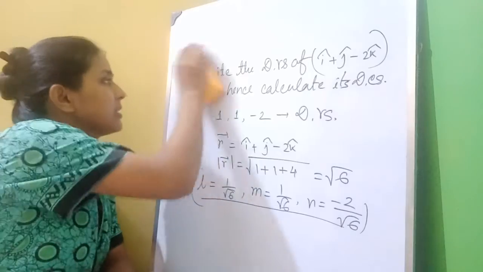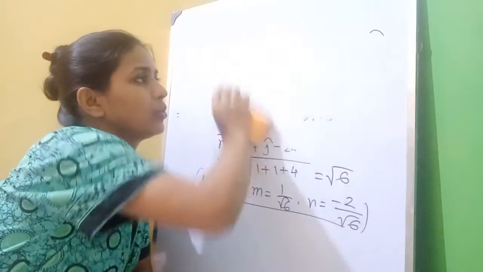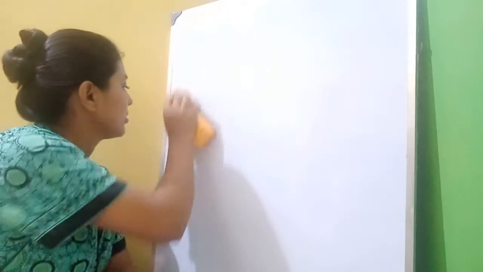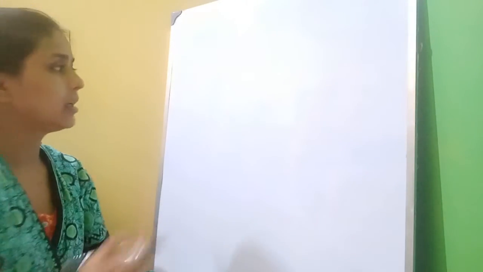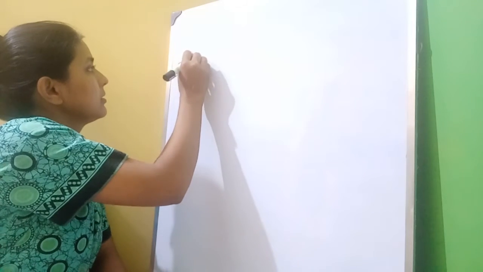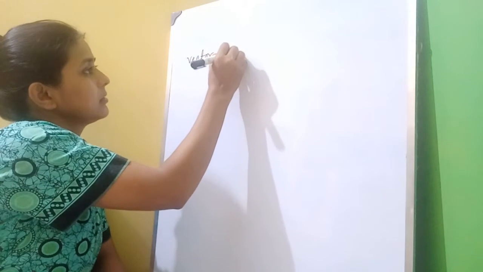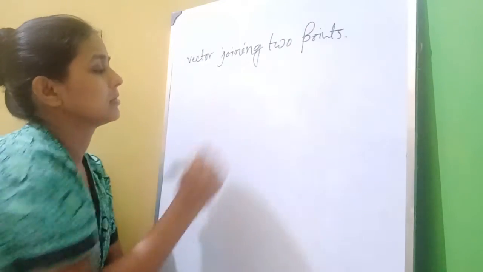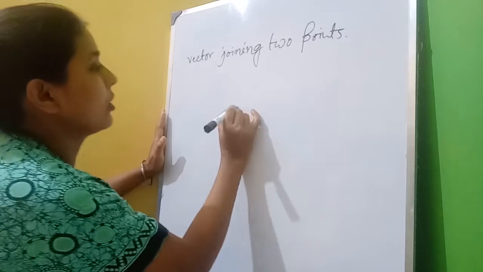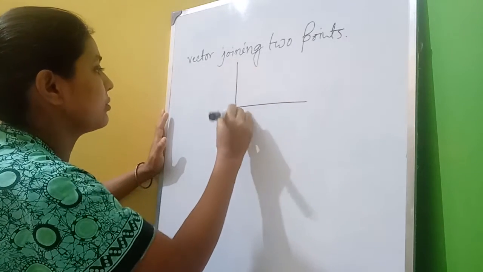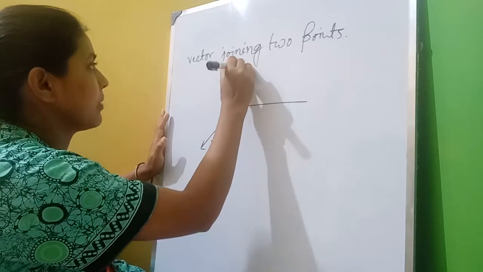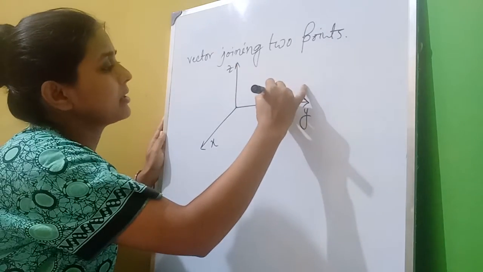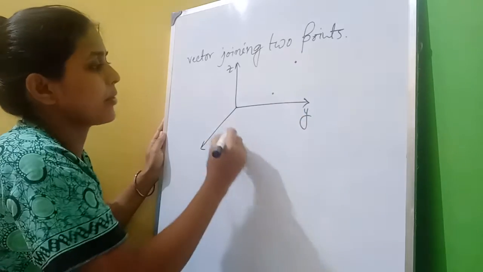So the next topic is the vector joining two points. We will draw the mutually perpendicular axes x, y and z. Think of this as a point and this as a point.